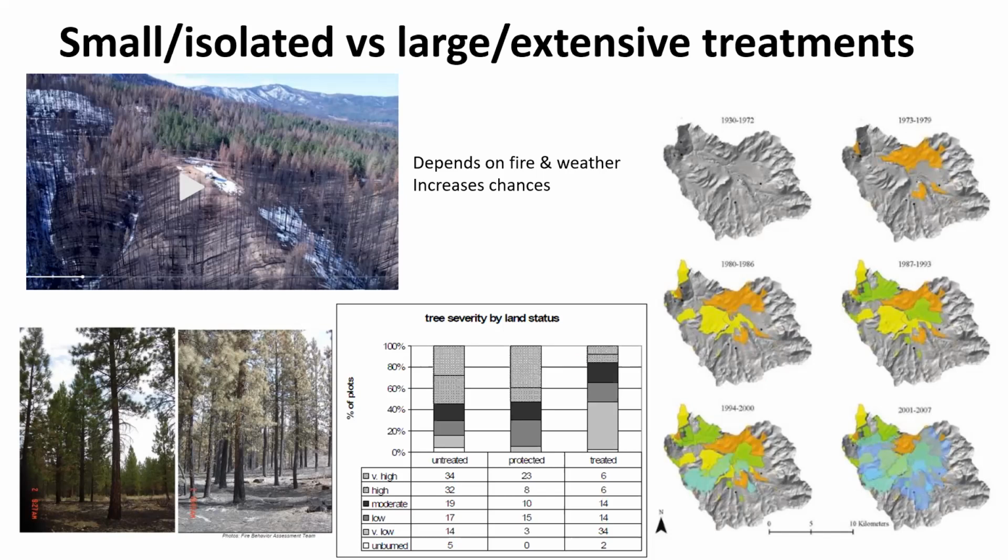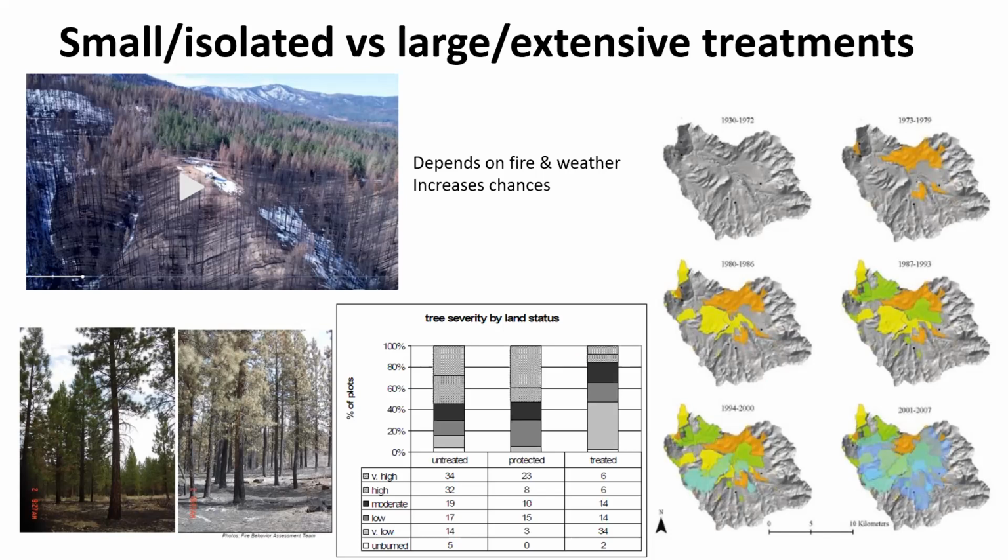So on the bottom left, that's on the Moonlight Fire, one of the prescribed burn stands stayed green and the other didn't, although it still has, you know, the foliage is still yellow on the trees. Now, they're probably not going to survive. Occasionally, pines will come back from that.